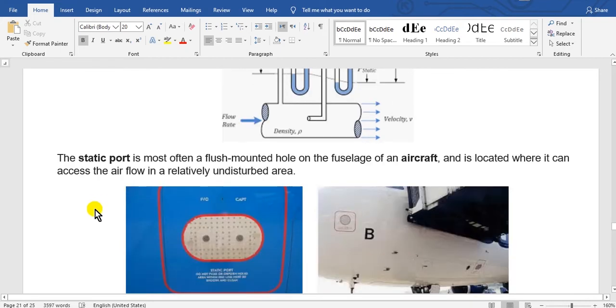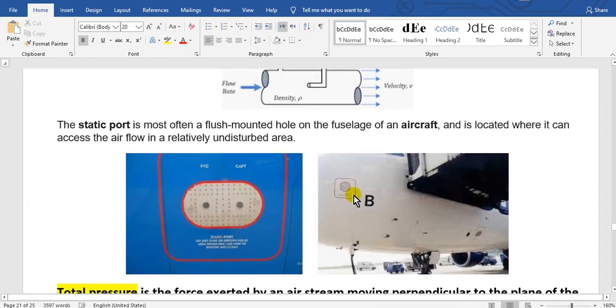Where in the airplane can we measure that? Here, static, at the surface of the aircraft in front. Look here, this is the landing gear, the nose, this is the engine. Here, at the nose, this is the static.